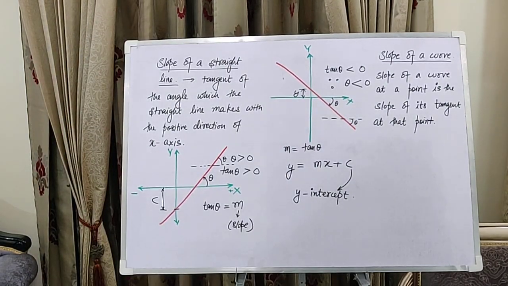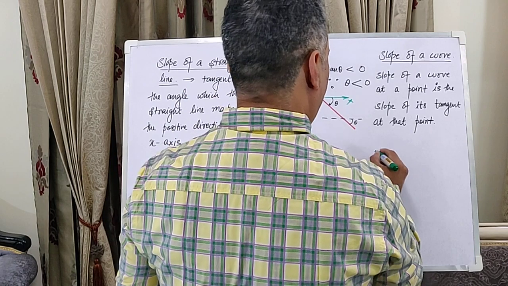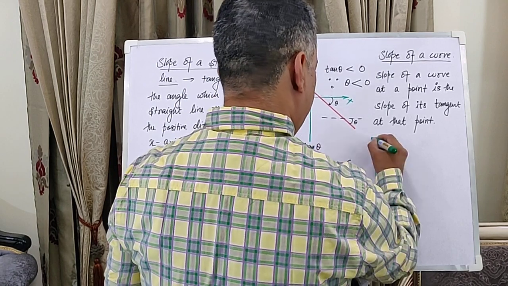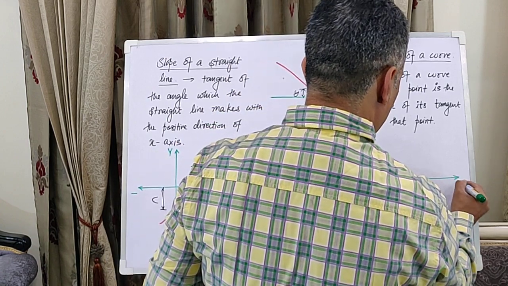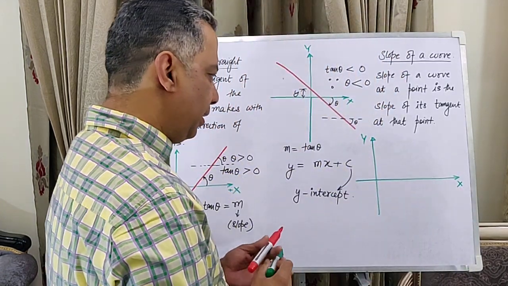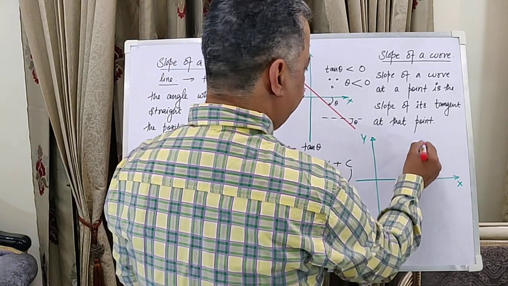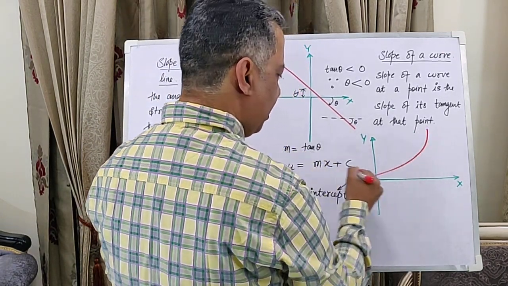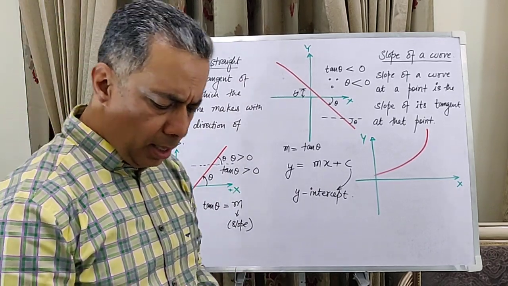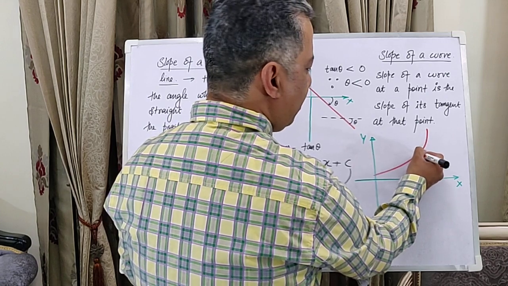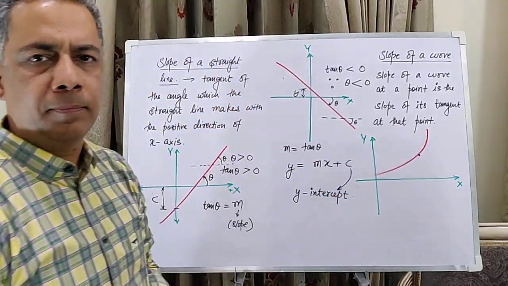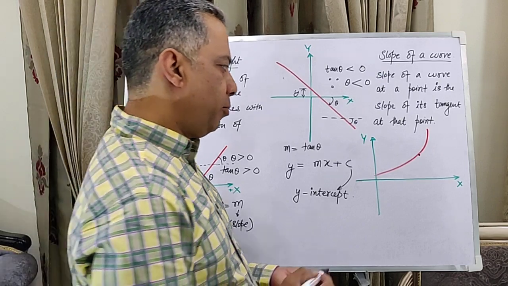Now let's take an example here and make it more clear to you. This is the y-axis, this is the x-axis, and here is our curve. Now we are interested in finding the slope of this curve at this point. How do we go about doing that?